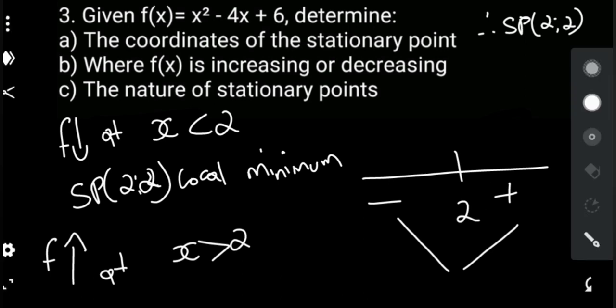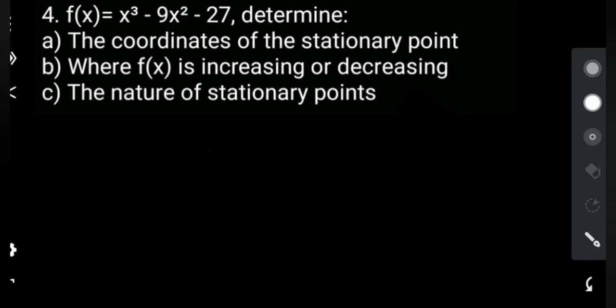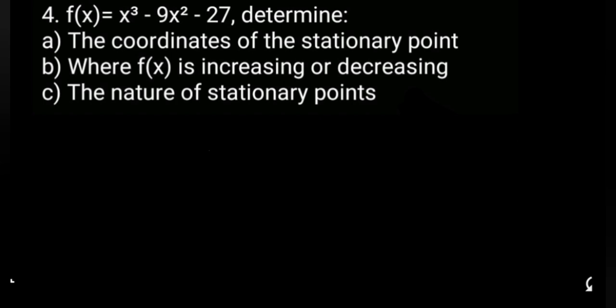So let us try another one. f of x is equal to x cubed minus 9x squared minus 27. Then determine the coordinates of the stationary point. To do that, we need to set the first derivative equal to 0.